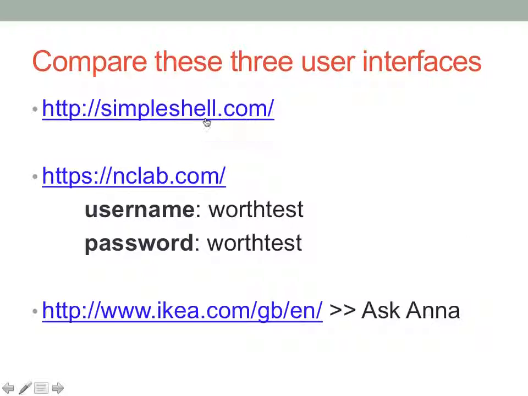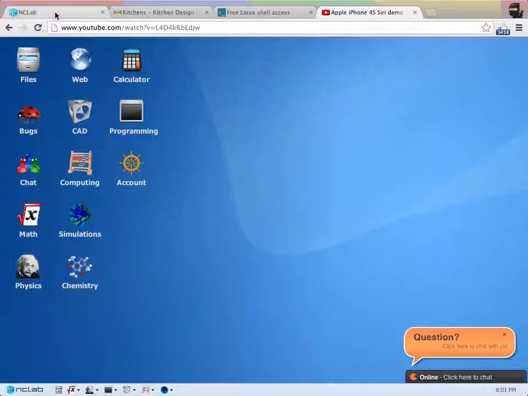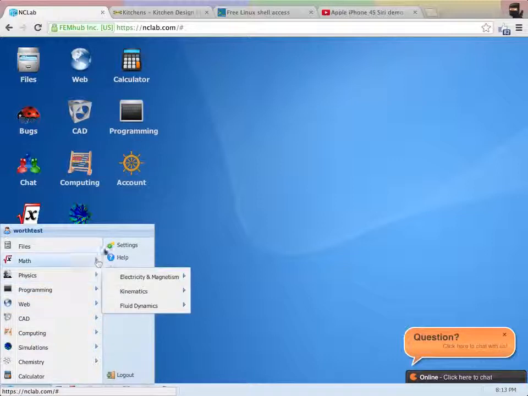So hopefully you're back now after playing with them. We're going to have a look at them each individually in turn. So the first one I'm looking at is NC Lab. Now, despite also being a great place to learn about computer science, NC Lab represents essentially a graphical user interface in the way that there are menus when you click buttons, and you've got a pointer, as in the cursor, moving around your screen.